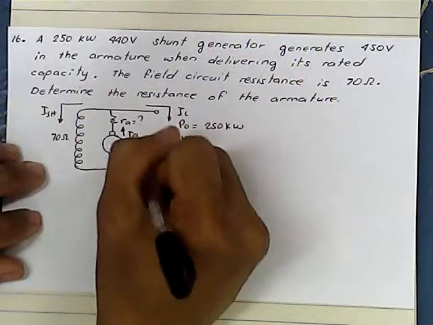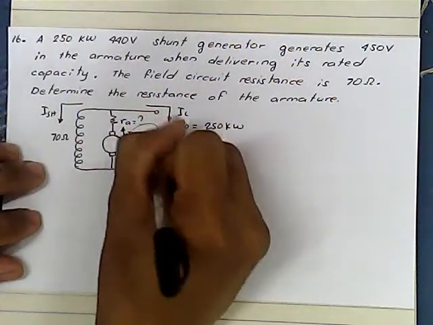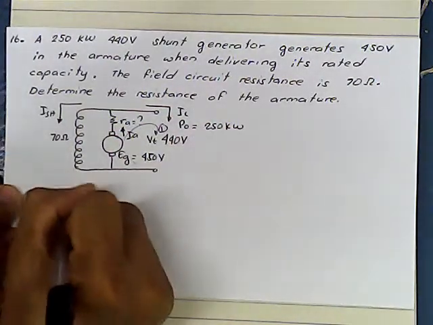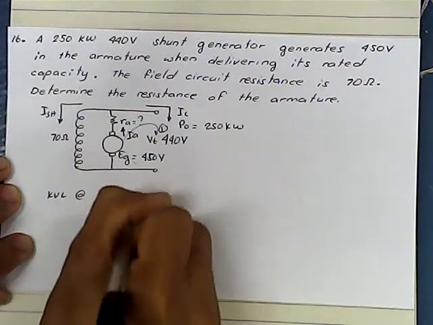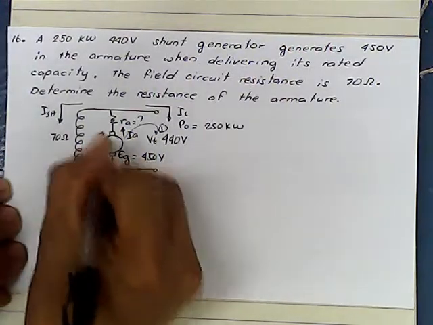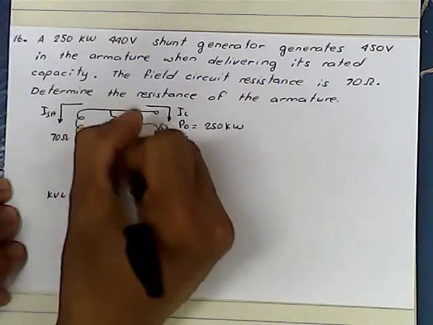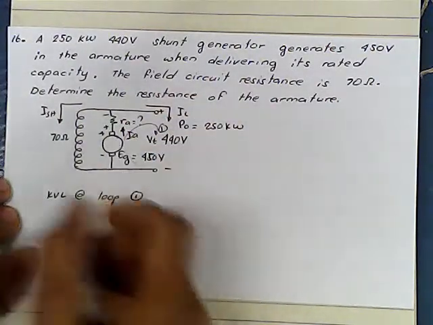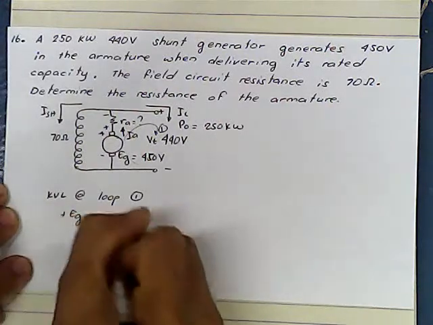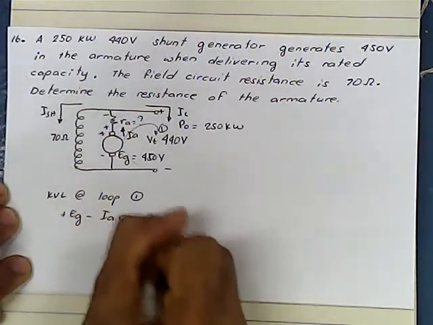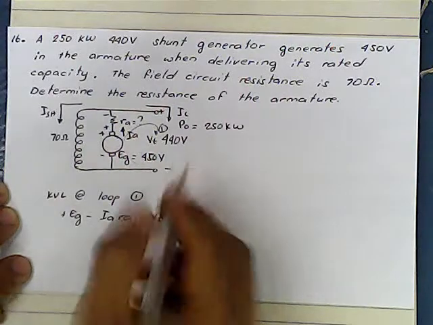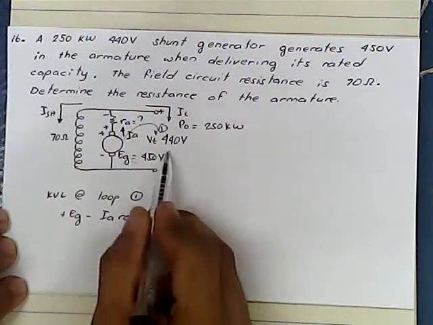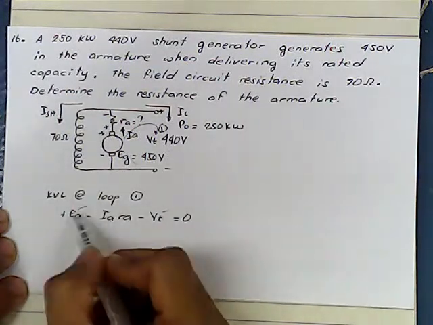So, we have here the ISH. So, in order to determine that, mag-establish tayo ng loop number 1 po dito. Again, KVL at loop number 1, we have positive, negative po dito. Okay, so positive EG minus IARA minus VT equal to 0. So again, given na po yung terminal voltage, 440 volts, given din po yung EG.